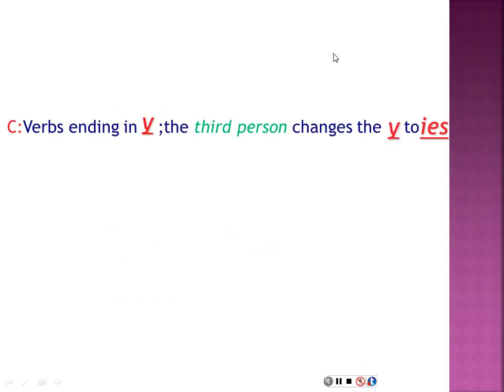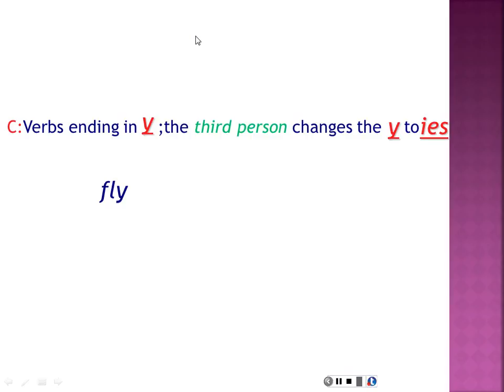In this slide, verbs ending in y. So now we will discuss the verbs that end in y, الأفعال التي تنتهي بحرف y ويكون عندنا في الجملة شخص غائب. The third person changes, and we change the y to ies. So let's have the examples.